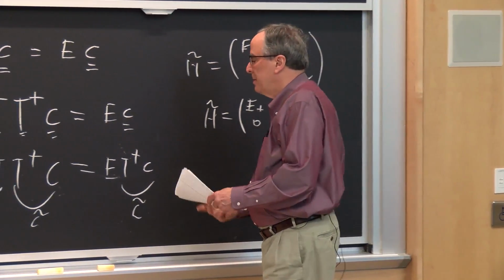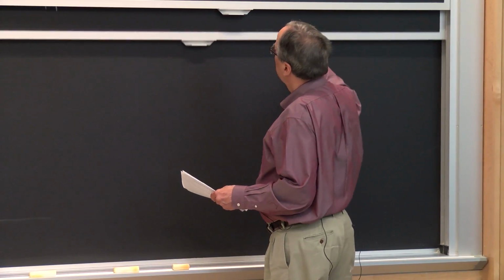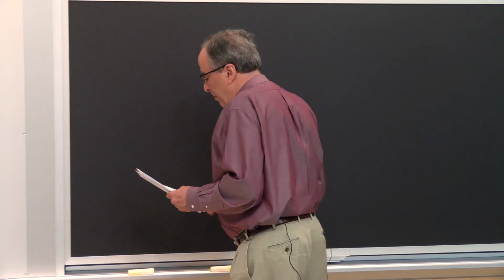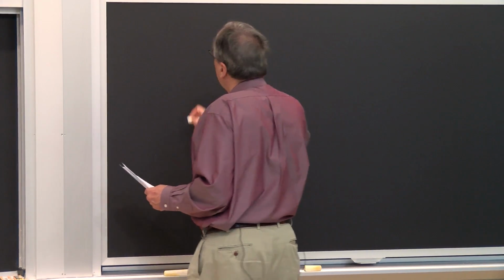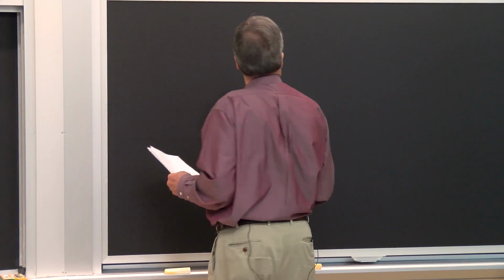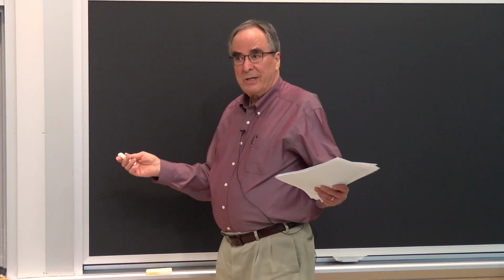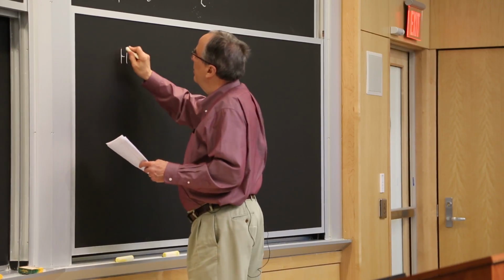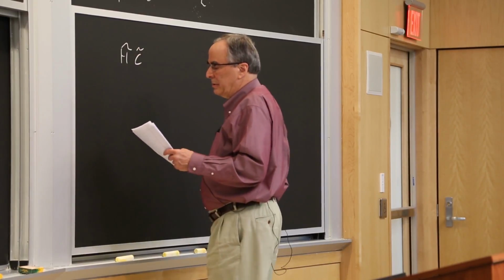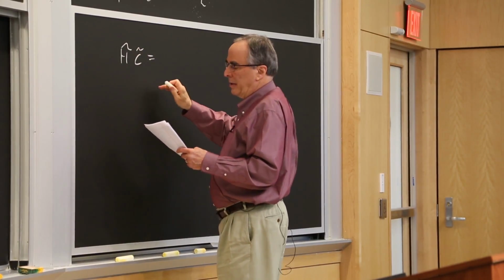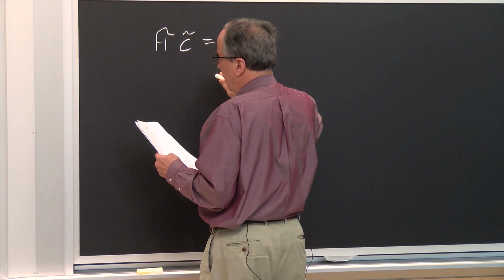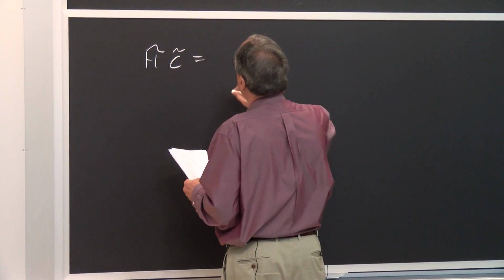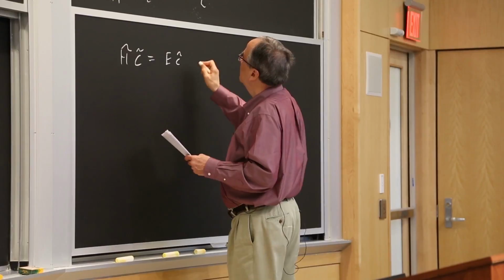So now let's just play a little bit. So we have simplified H magically so far to diagonal form. And so H C twiddle, I'm sorry, yes, H C twiddle is going to be E C twiddle.